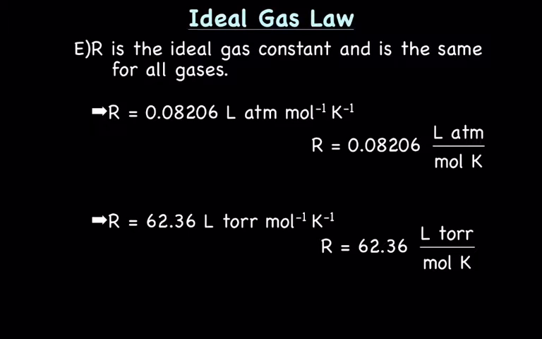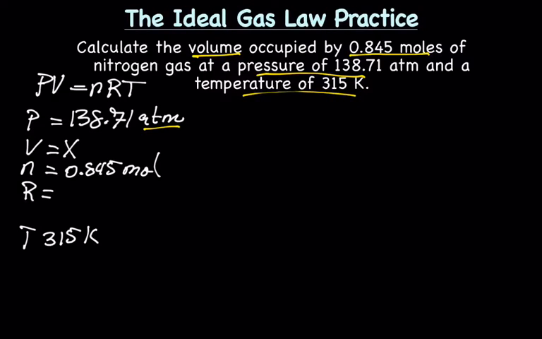And it looks like we'll be using R equals 0.08206 liters atm per mole K, because we have atm there. So let's fill in our R. We have 0.08206 liters atm over mole K.